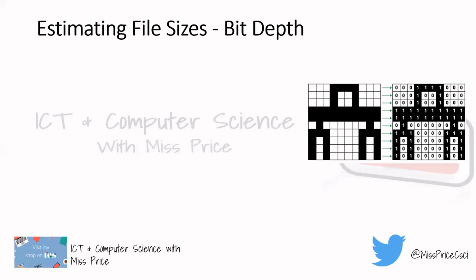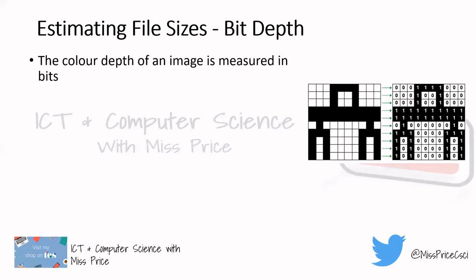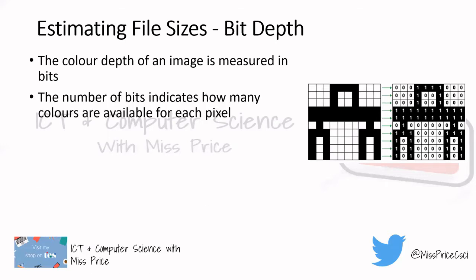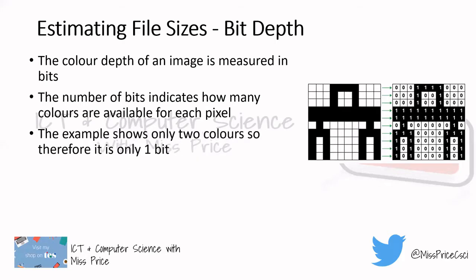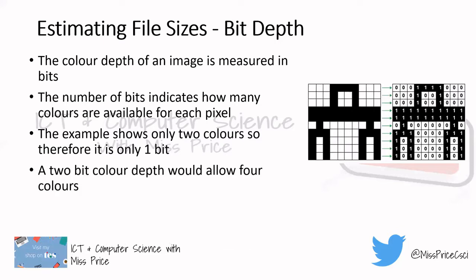So if we take a look at bit depth, the colour depth of an image is measured in bits. Okay, so the number of bits that indicates how many colours are available for each of those pixels. Now, this one is only 2 colours, so therefore it's just 1 bit. Okay, because 2 colours make 1 bit. So 2 bits of colour depth will allow 4 colours.